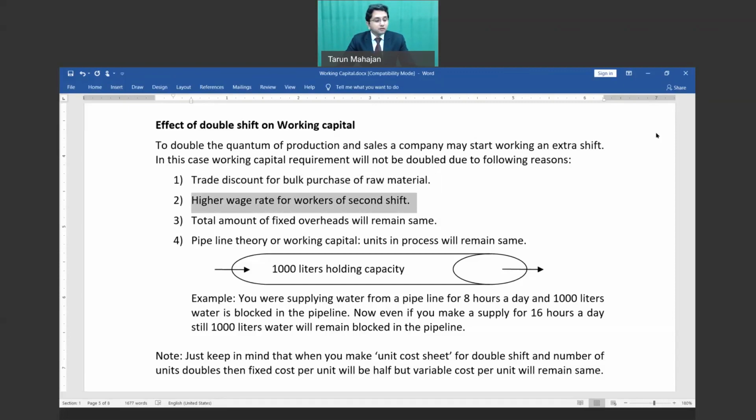Higher wage rate for workers of the second shift. The second shift is usually a night shift and people have working hours which are not really very favorable. So if their working hours are unfavorable, they will ask for a higher wage rate. That will increase your cost to more than double.